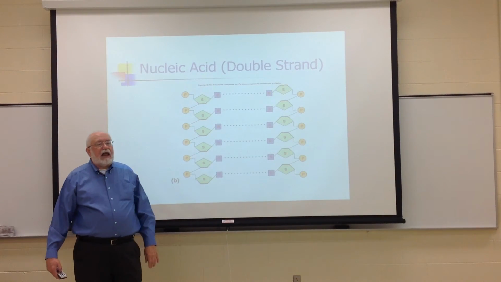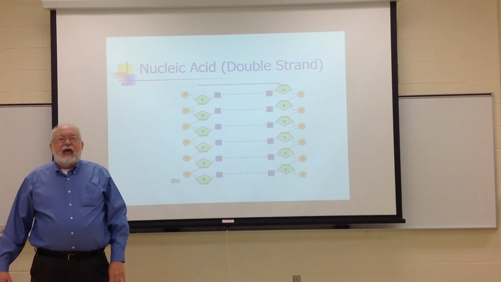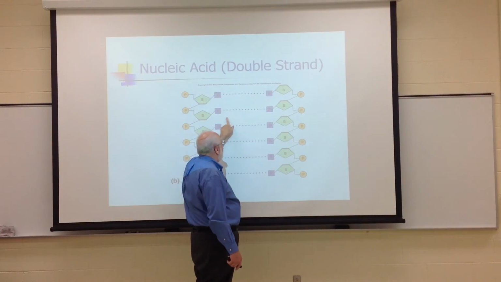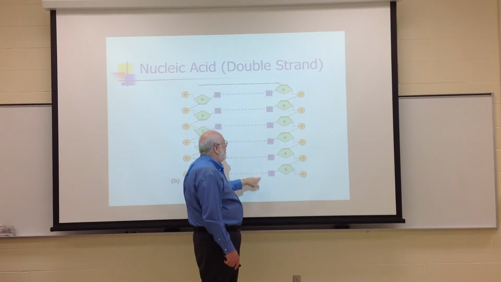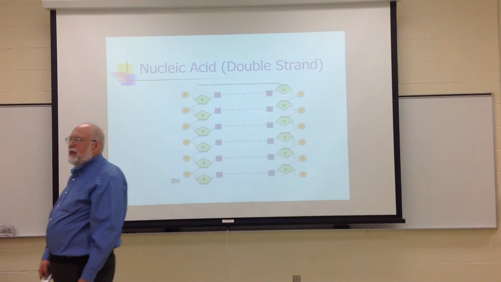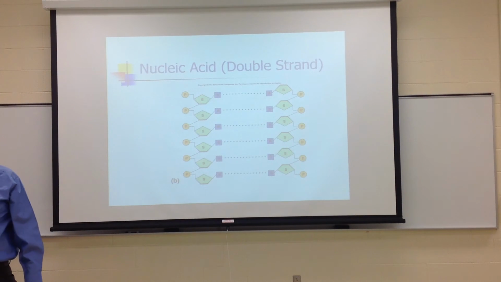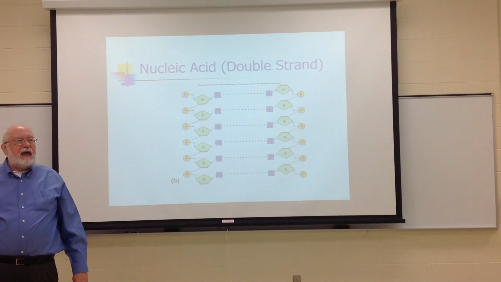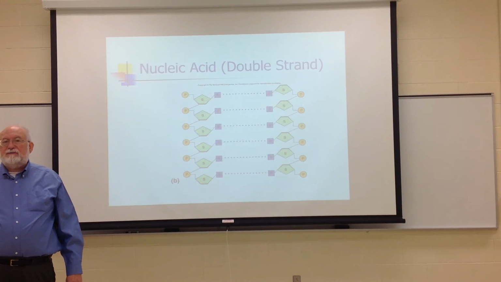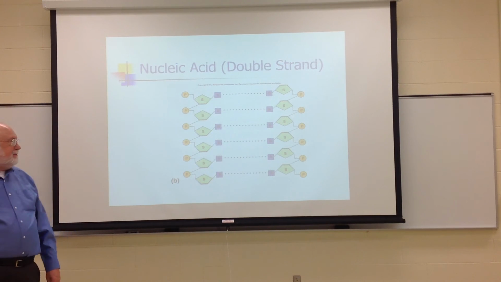Here's a double-stranded arrangement. And the little dotted lines between the bases here in the middle indicate they're hydrogen bonds. So hydrogen bonds show up again here. All right? So if it's a double-stranded nucleic acid, it's going to have hydrogen bonds between the bases.